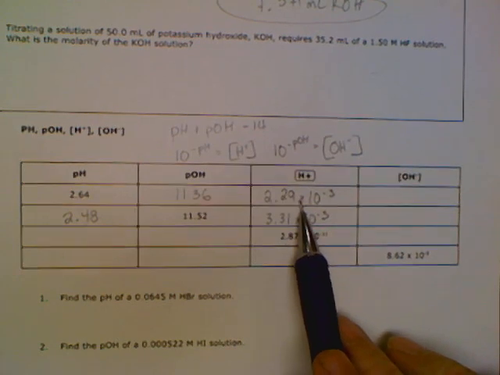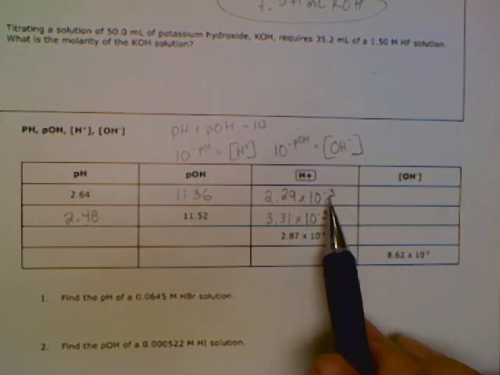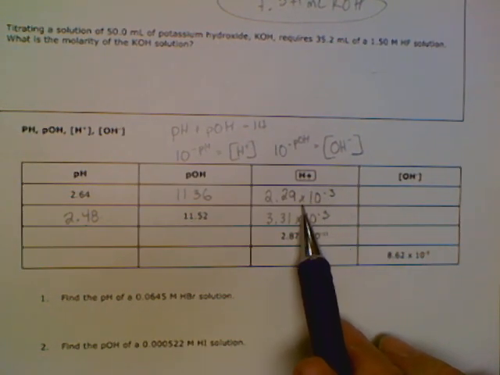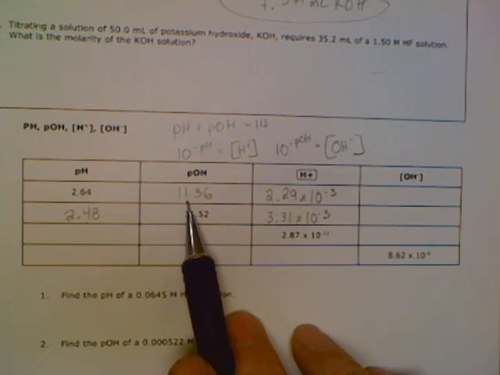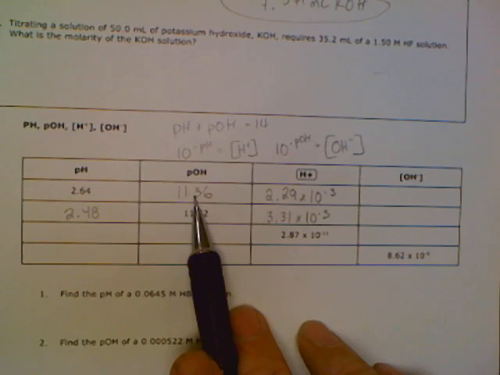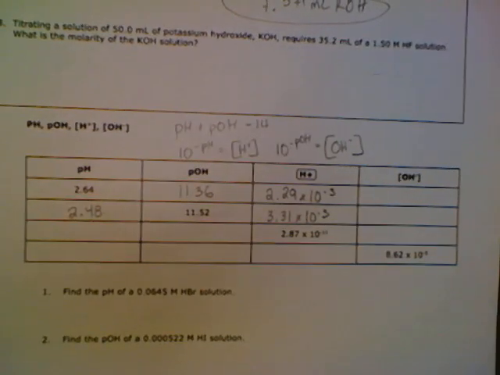Now, I can go directly from here to here. I can divide 1 times 10 to the negative 14th, which is Kw, or I can just take 10 to this power and get the hydroxide. So that's what I'm going to do.